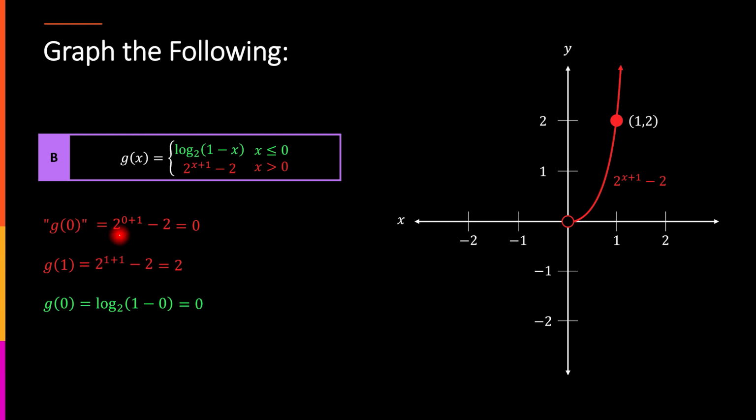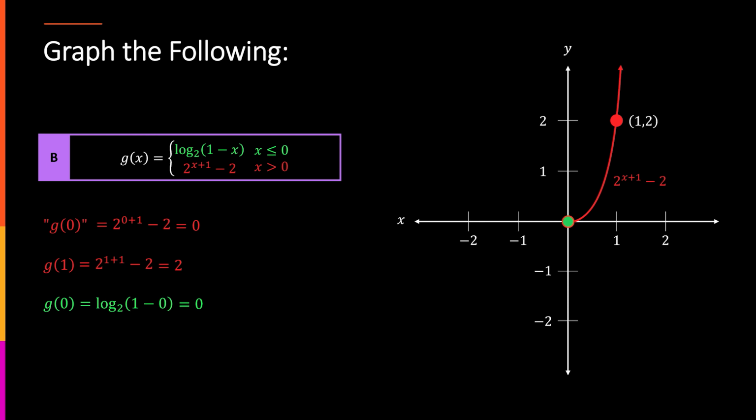Before I got 0 and 0, and that gave me an open dot, because it didn't include that value. But now I'm going to get 0 and 0, and that does include that value, because it is less than or equal to 0. So this 0, 0 is going to fill in this open dot over here.